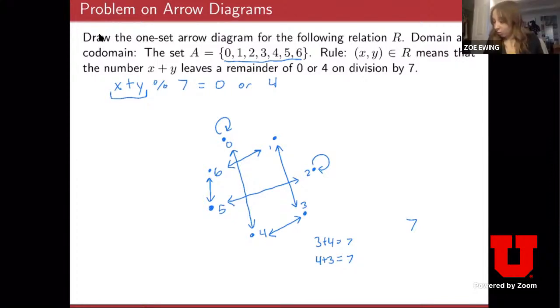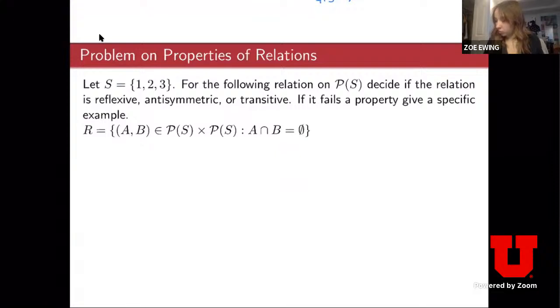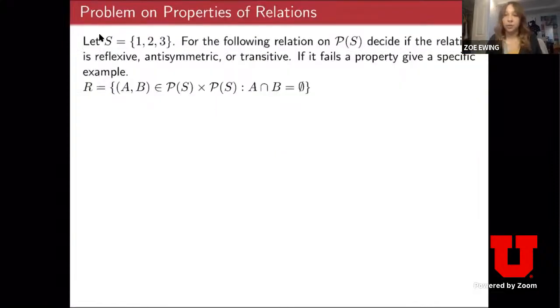Okay, we're going to move on to problem 2. For this one, we want to decide if the relation is reflexive, antisymmetric, or transitive, and if it fails the property, give a specific counterexample. You don't need to use any proofs on this problem, just decide whether it fits these properties and, if it doesn't, give a counterexample.